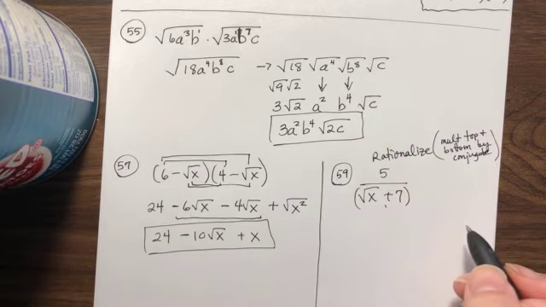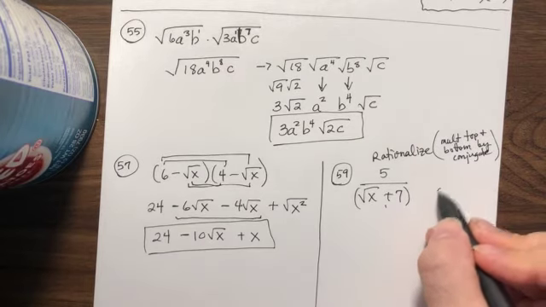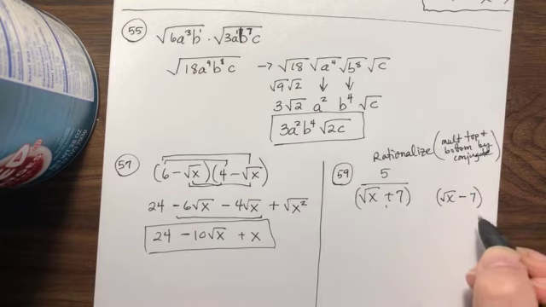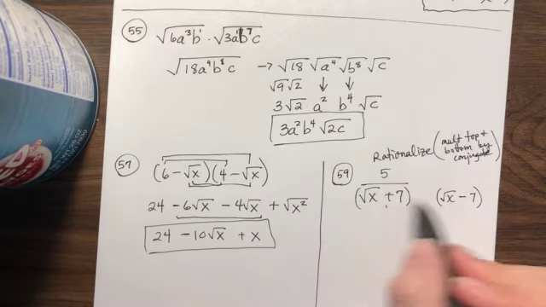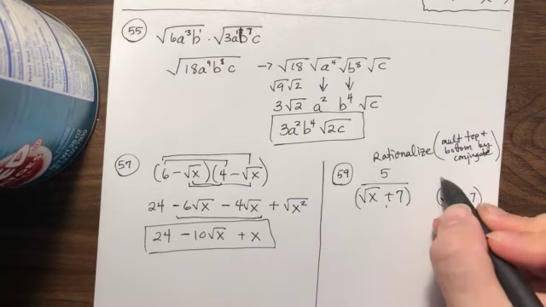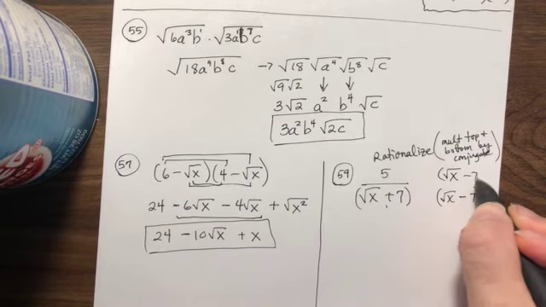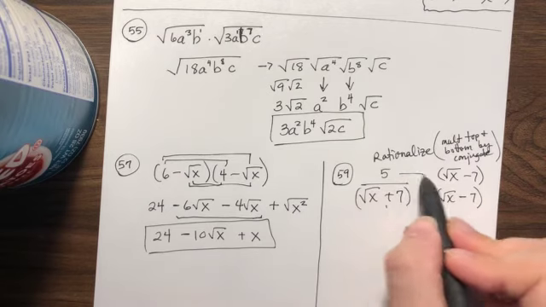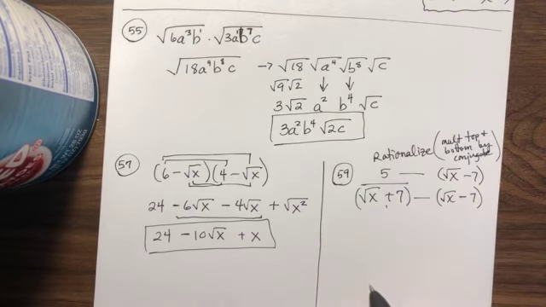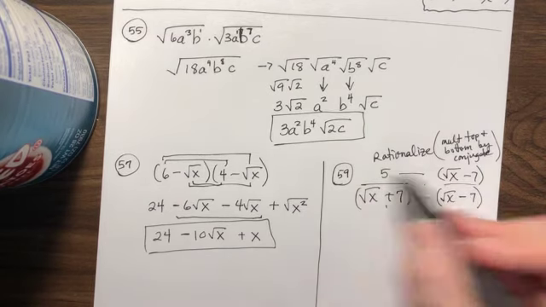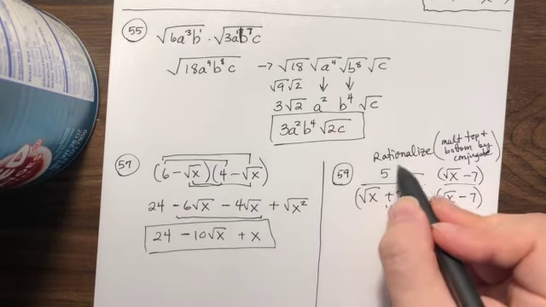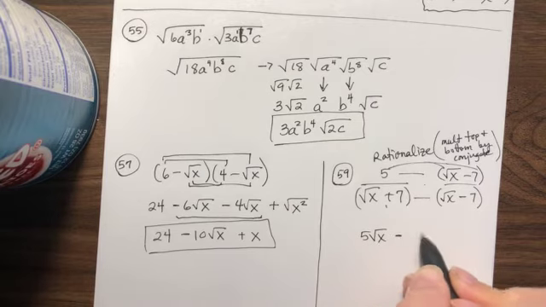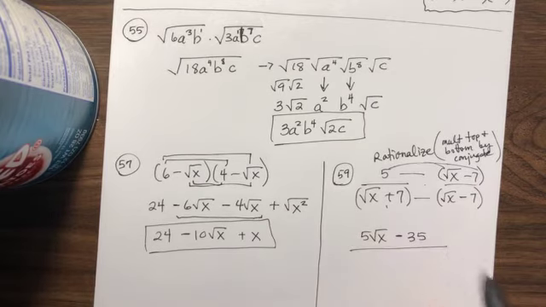So put it in parentheses first of all. And then we're going to say square root of x and 7, but we're going to put a minus sign in between, sorry. Right? Change the sign. And then top and bottom have to be the same, so just write it again. And then we'll go straight across, because when we multiply fractions, we go straight across. So distribute, we get 5 square roots of x minus 35 up top.